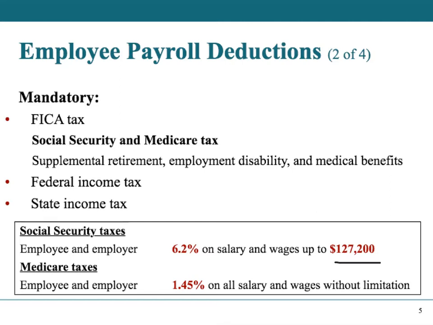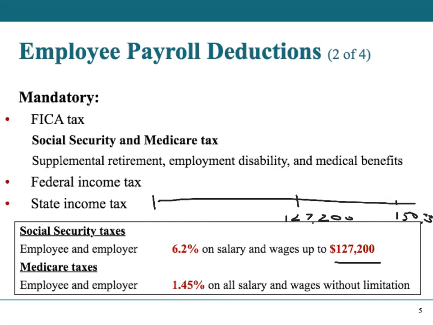So if here's my salary, and somewhere up here, for the year, it will be 127,200. And let's say I earned 150 that year.